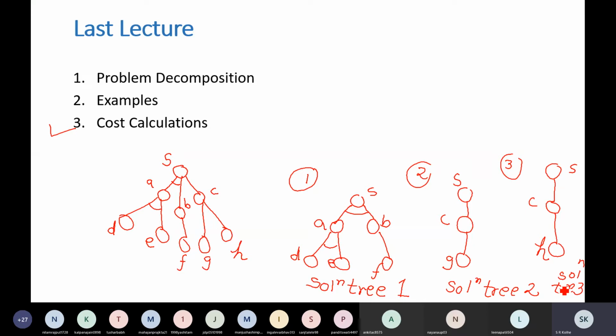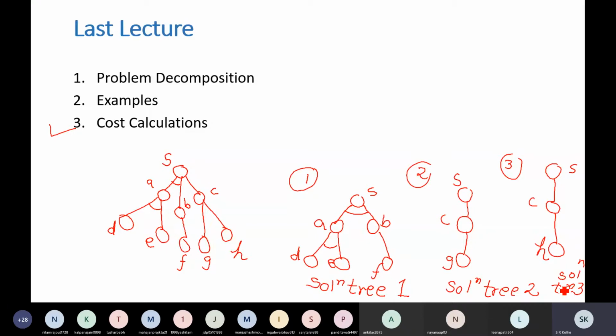Any other possibility? So right now in this AND OR graph, we could identify three possible solution trees. Any other possibility? There is no other possibility right now. But since this is a partial search space, further D, E, F, G and H have to be explored.